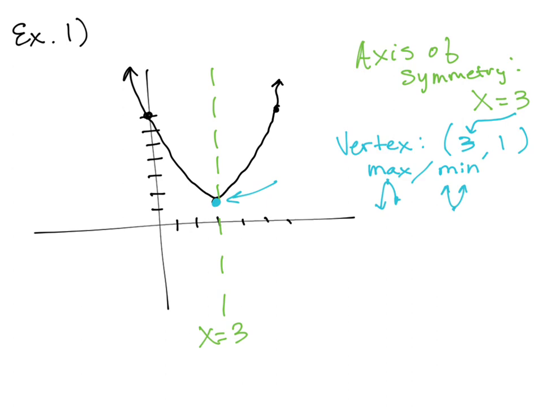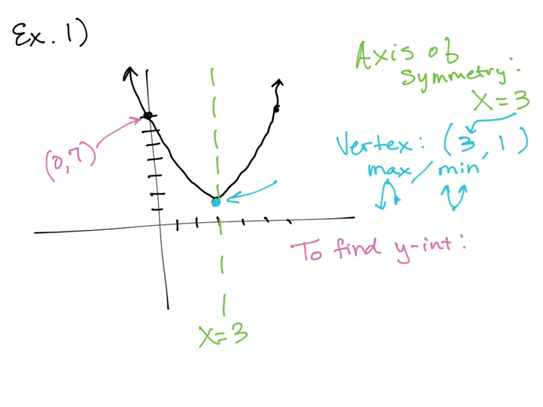Y-intercept. The y-intercept is going to be where the graph crosses the y-axis. This is going to be located at 0, 7. I want to reiterate, to find a y-intercept, and you're given a function, what could you do?